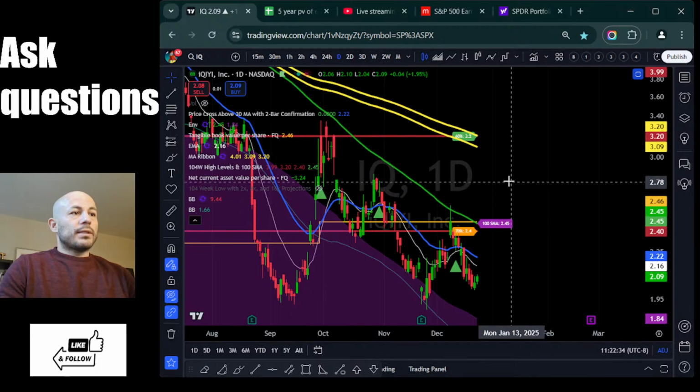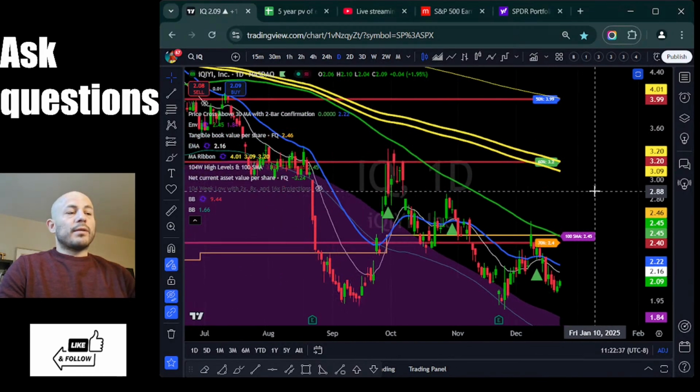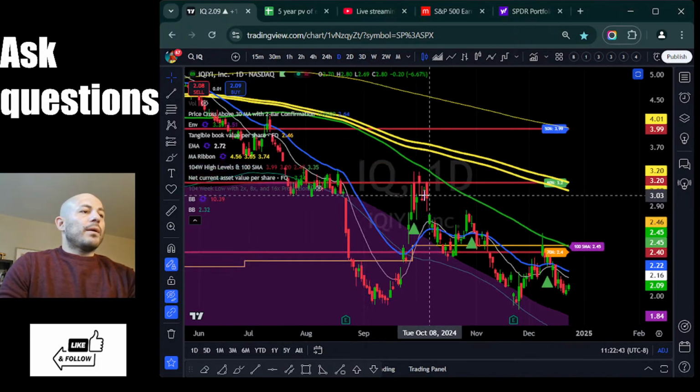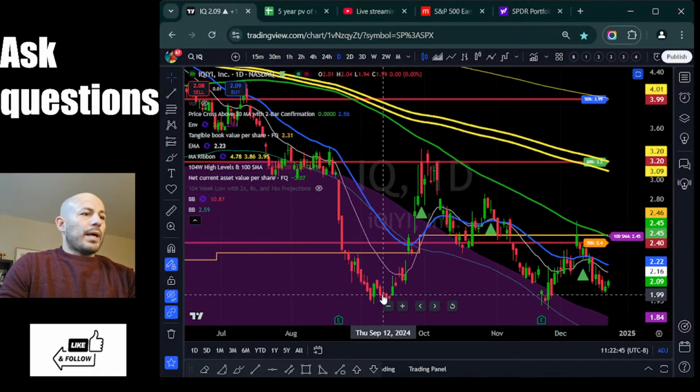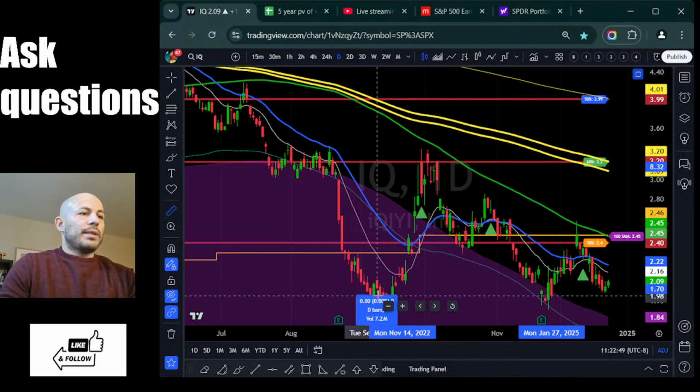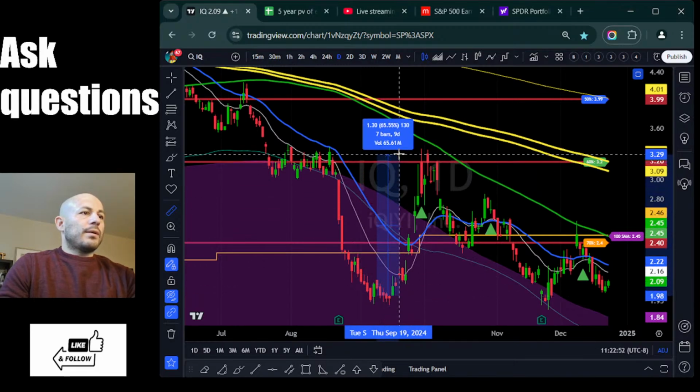And this is risky. It's still volatile, but this is going to outperform, at least in theory, over time. Last time I went big into IQ, the stock went from, let's say, $2 to $3.29. That was a 65% move.